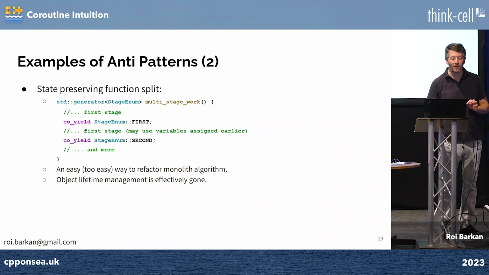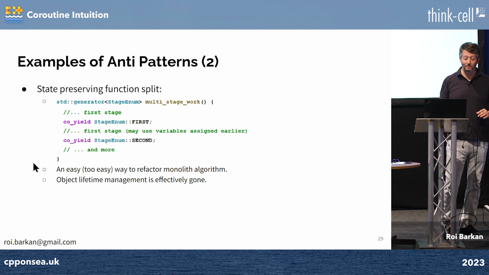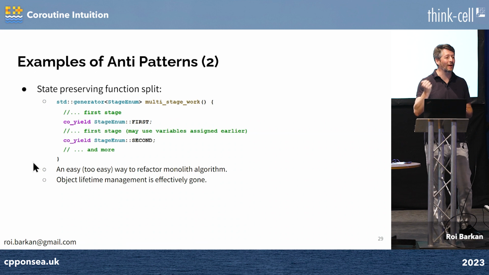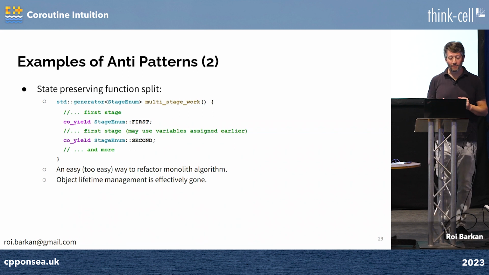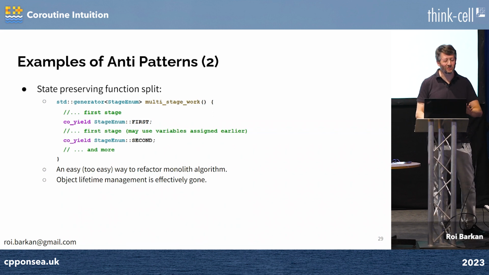So I just sprinkle a few co_yields with some enum values between them, just to touch base and check back with my caller from time to time and give the caller a chance to just destroy me or do something like that. I think it might be better to just refactor your function, break it up, understand what each block is doing, give it a good name, give it a good API. Sometimes this can be a good solution, but I'm not a big fan.